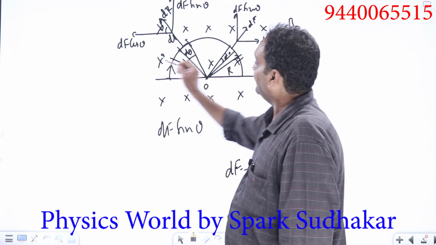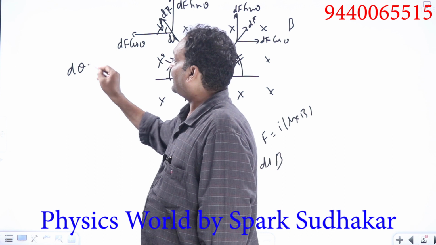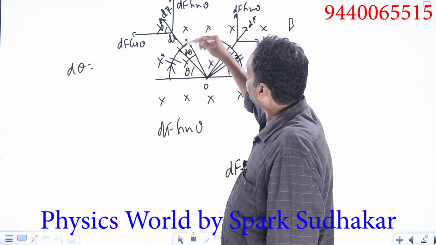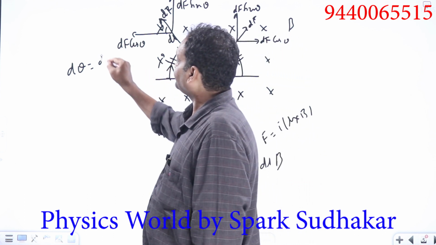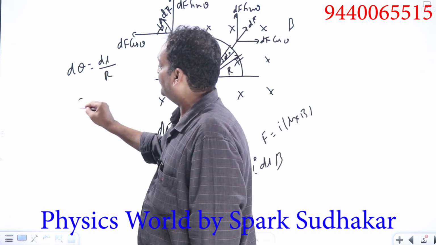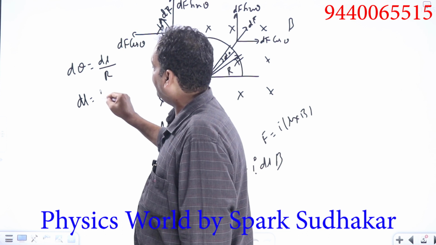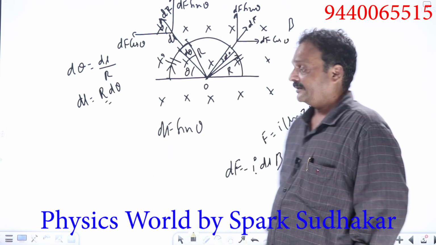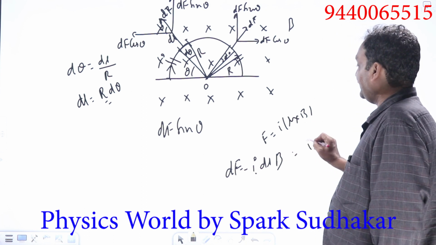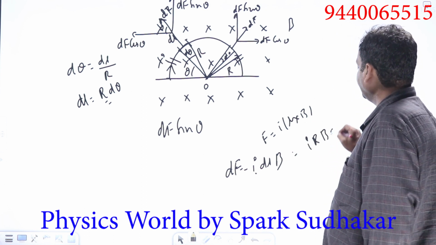Angle d theta equals arc length by radius. Arc length is dl, radius is r. So the small element of length dl equals r d theta, where r is the radius of the circle. So this is nothing but I r B d theta.